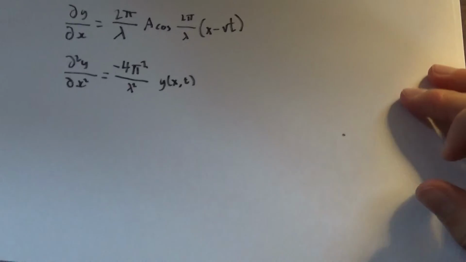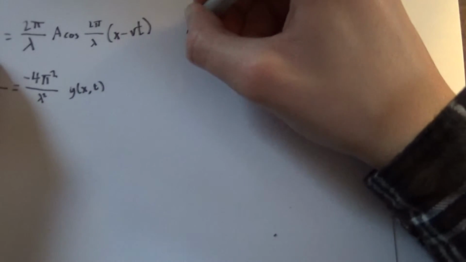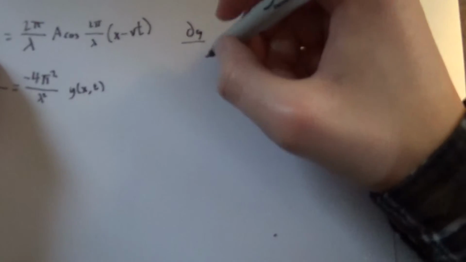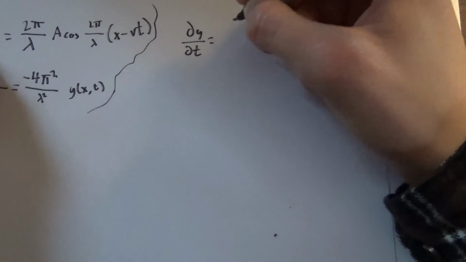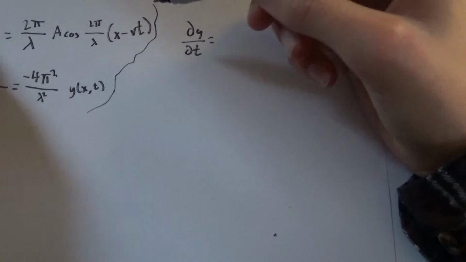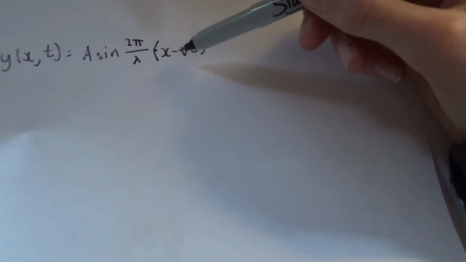So now what we're going to do is this. Bring this over here. Now we're going to take the derivative with respect to time. So the first derivative, let's separate those. The first derivative with respect to time is going to be, well, what are the coefficients on time in this equation? Well, we have 2 pi over lambda multiplied by negative v.